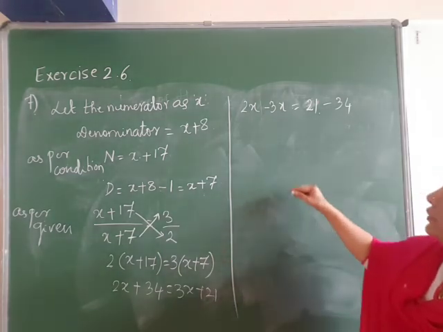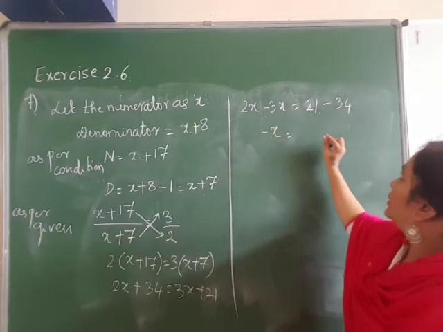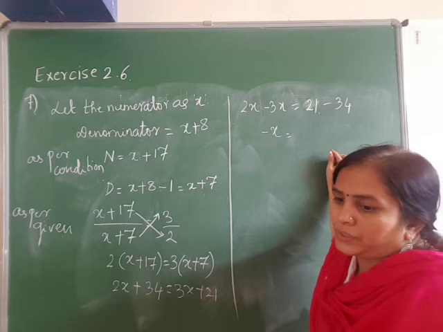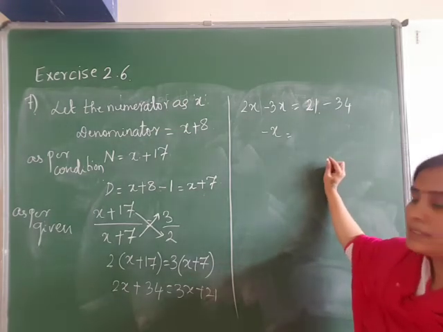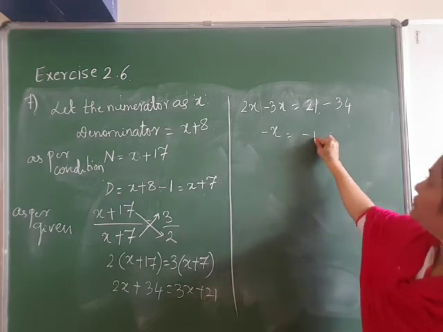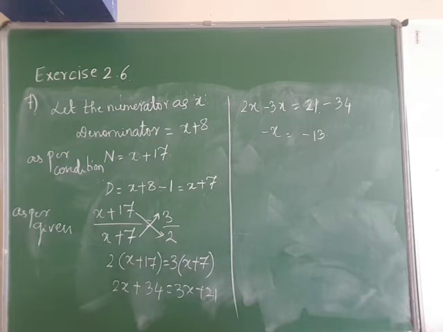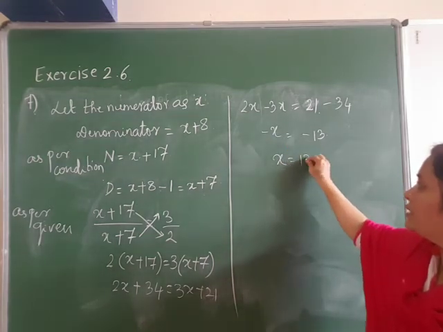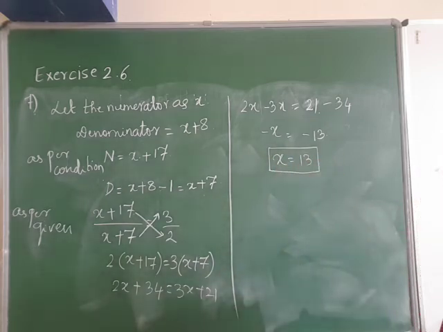Now 2x minus 3x is minus x. 21 minus 34 will be minus 13. So minus x is equal to minus 13. The minus signs cancel. You will get the value of x is equal to 13.